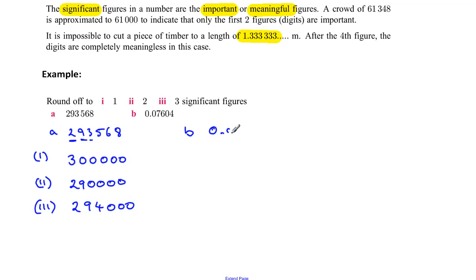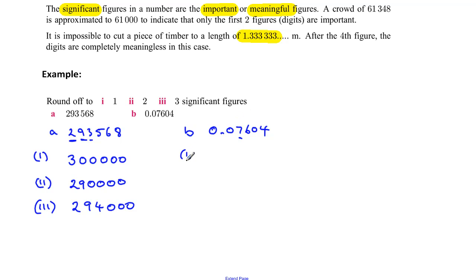Well, the same rule applies, except that the first significant figure does not occur until the 7. So 0 and 0 are not significant because the rule is you read from left to right. The first number that is not a 0 is your first significant figure.